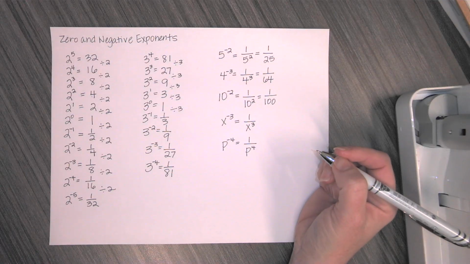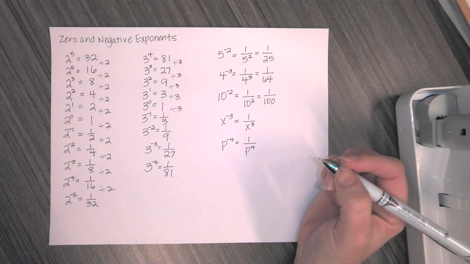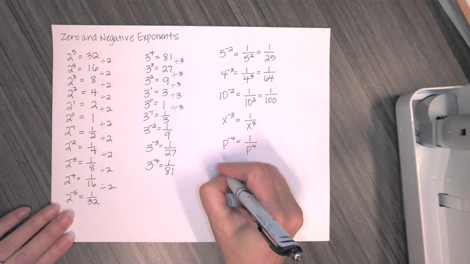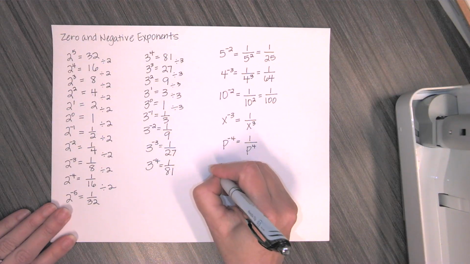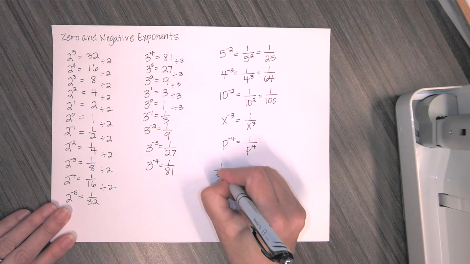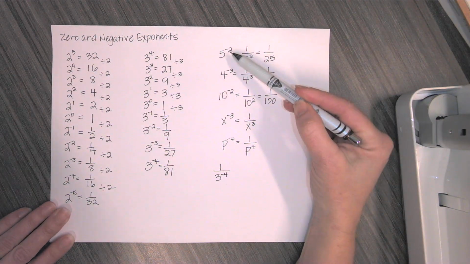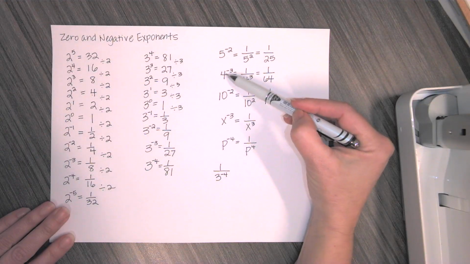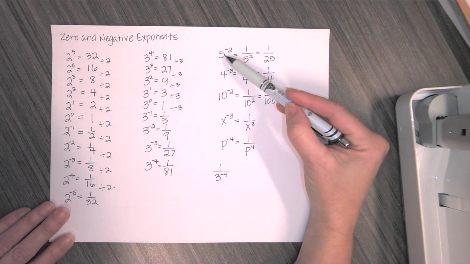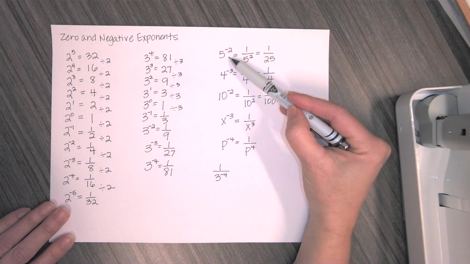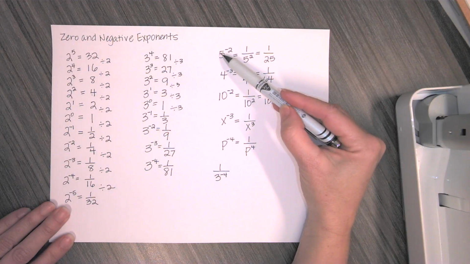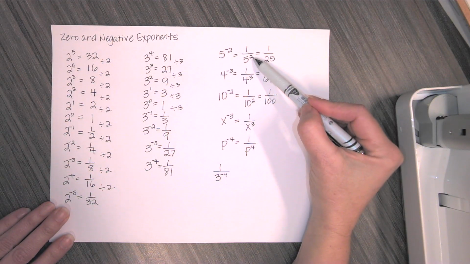Now, another thing, if you have a negative exponent on the bottom of a fraction, what would you do? Well, when we had these, and these were technically on the top, if you had to call this a fraction, you could put it over 1. If you had a negative exponent on the top, we moved it to the bottom, and the exponent became positive.